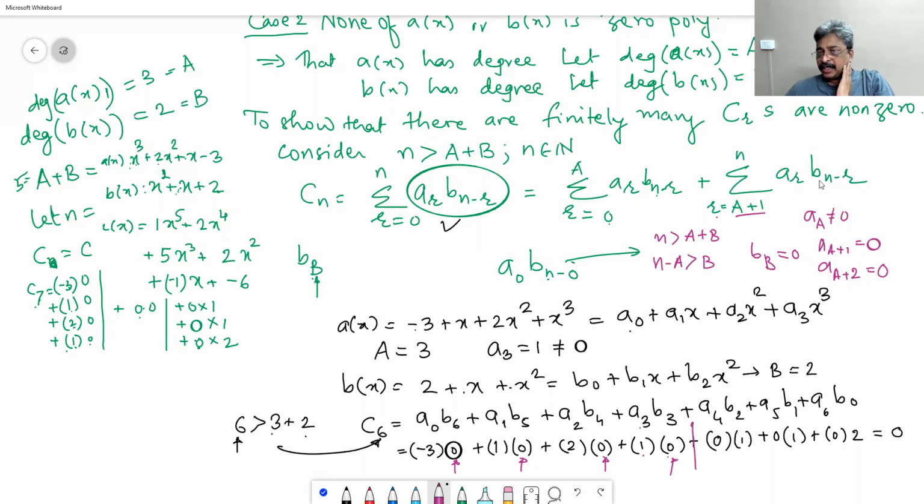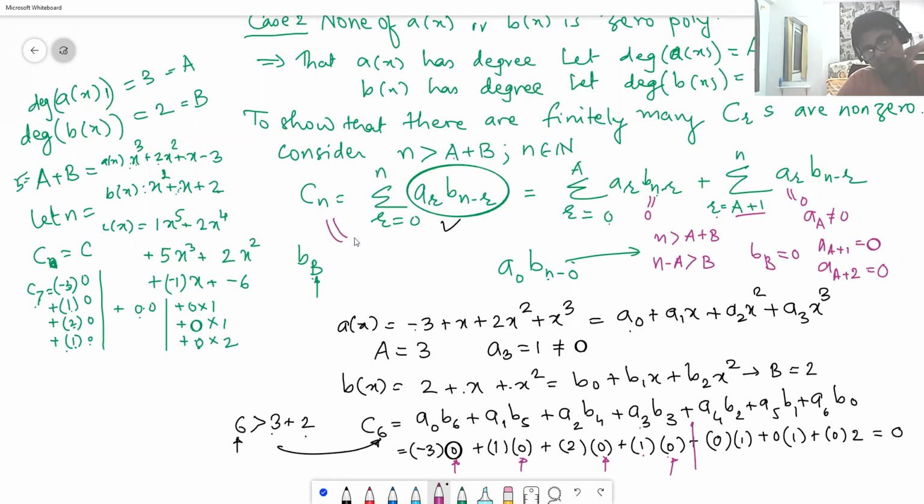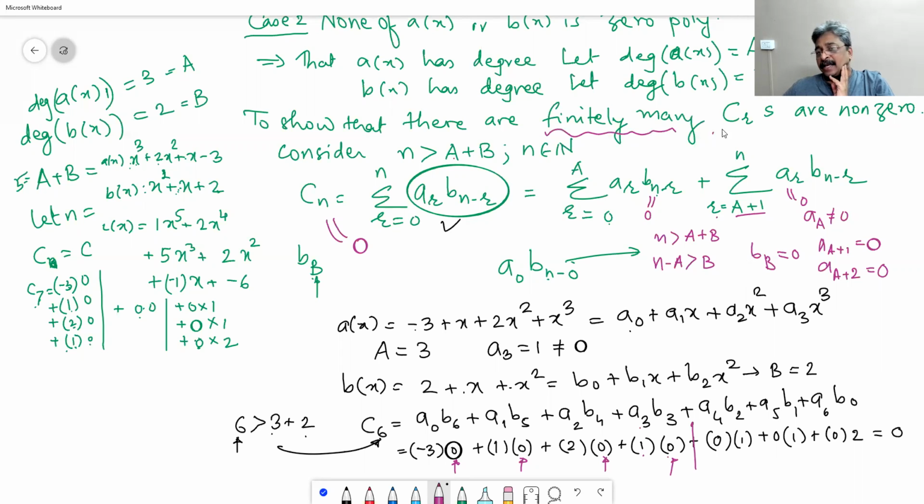Therefore, this summation will be 0 because of a_r. This summation will be 0 because of b_(n minus r). And hence, for n greater than A plus B, c_n will always be 0. Hence, finitely many c_i's are non-zero.